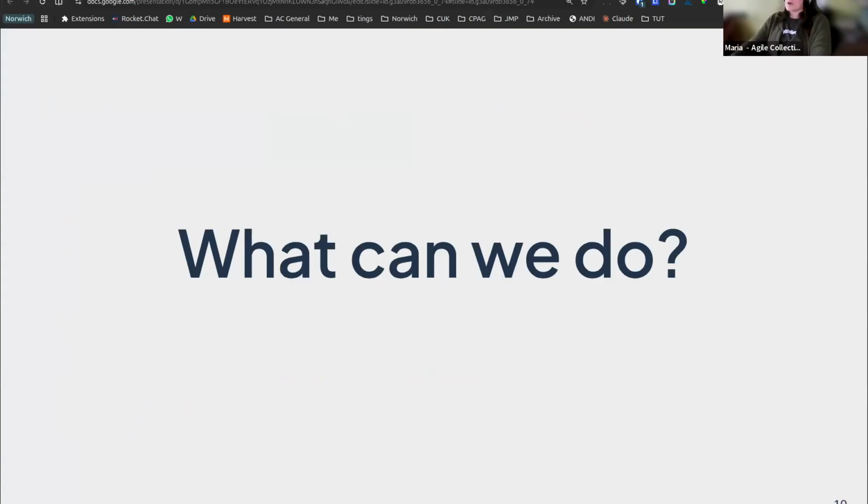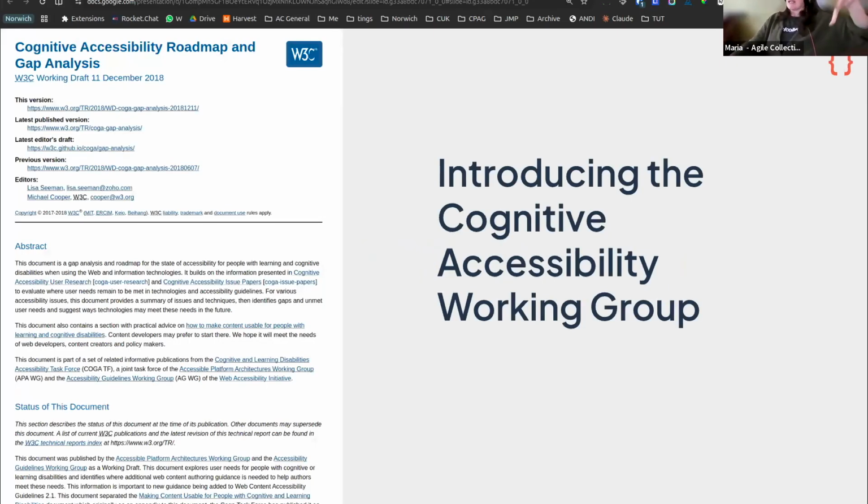So what can we do about this? So as web developers or content creators, what's actually in our capacity? How can we help? So there is a group within the W3C called the Cognitive Accessibility Working Group, and they have developed a number of guidelines.